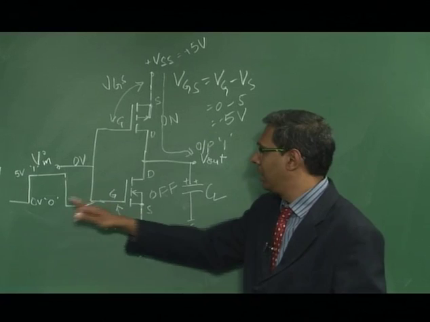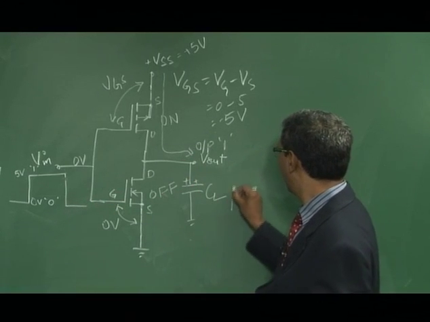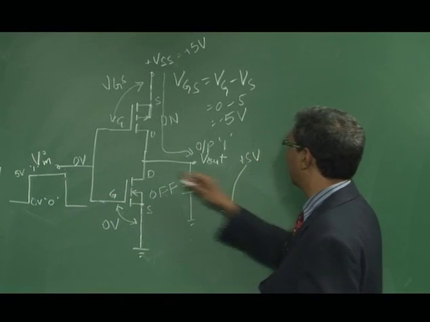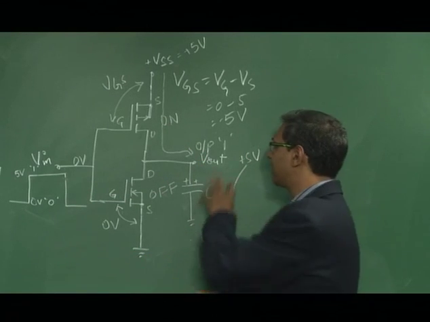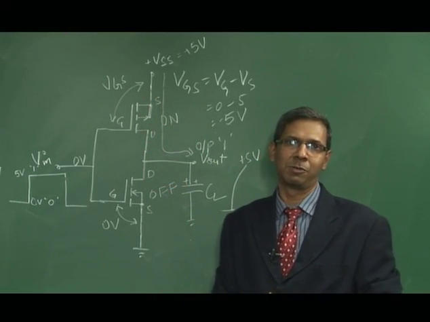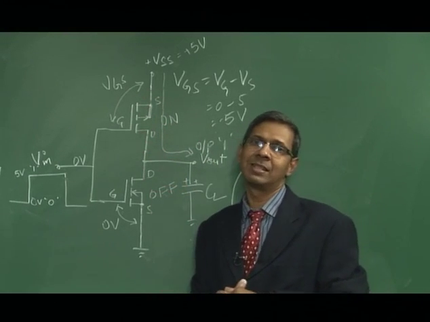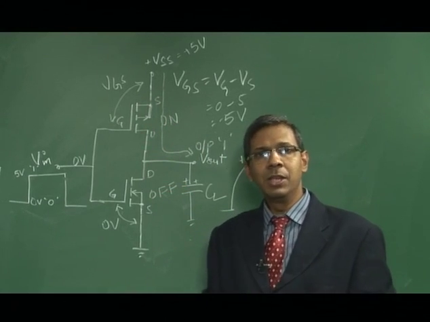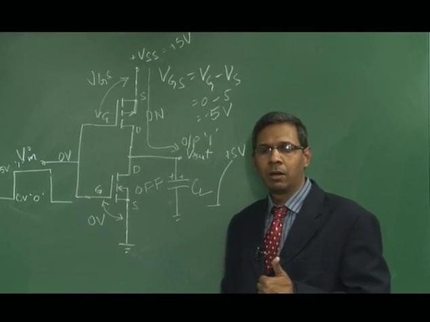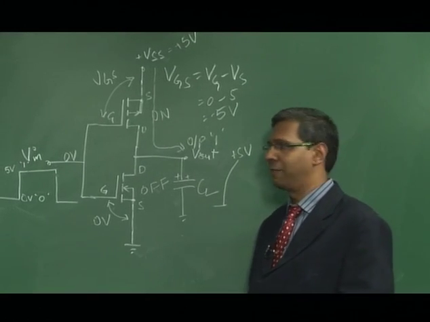The moment it charges to VOH, which is plus 5 volts, the current stops. So you establish the logic level at the output, and current stops, which means there is no power consumption. So we call CMOS devices those devices which have zero static power dissipation. So that's a basic feature of any CMOS device.